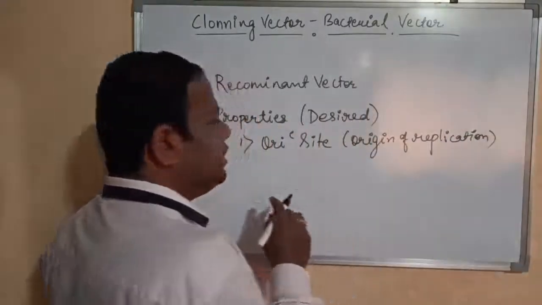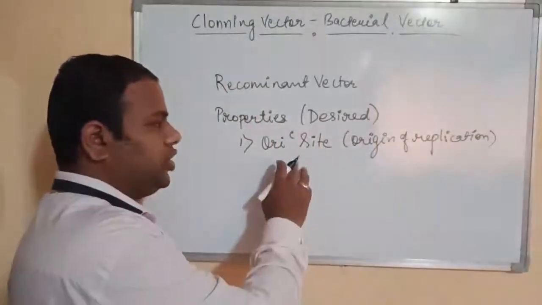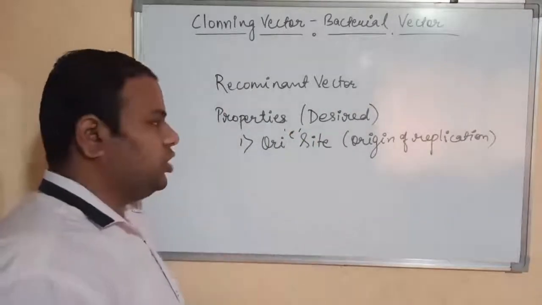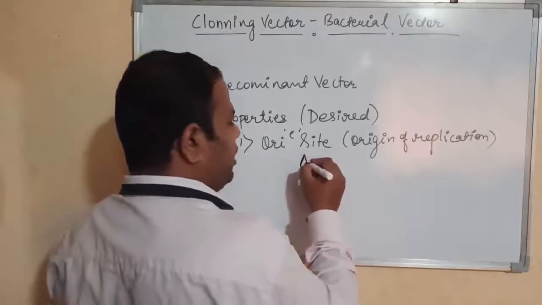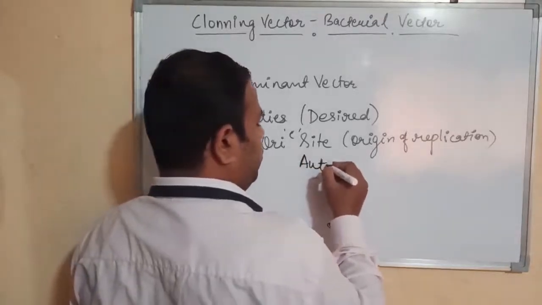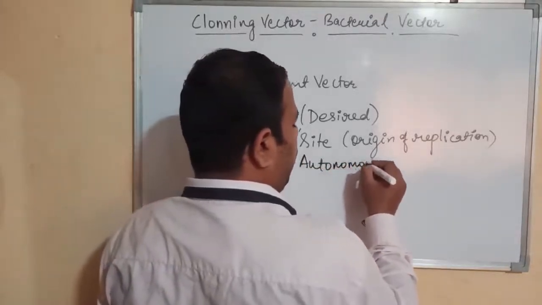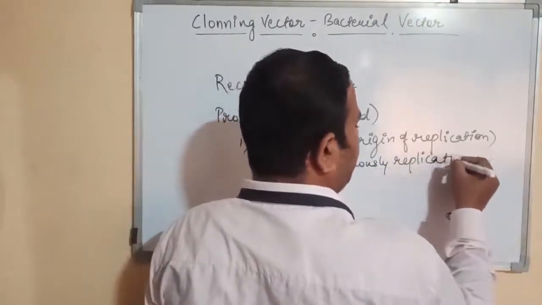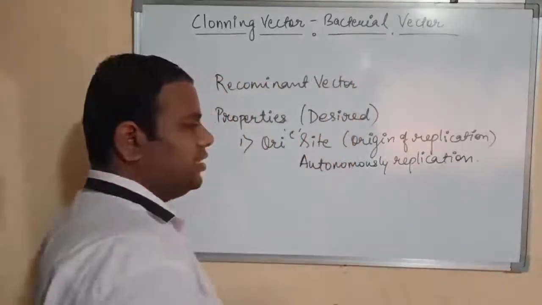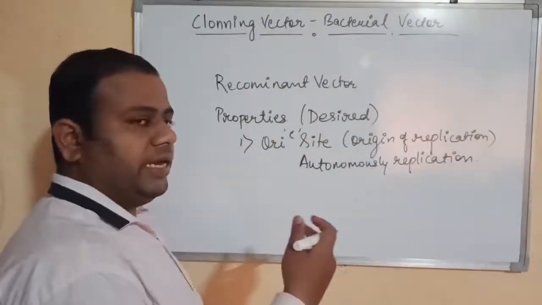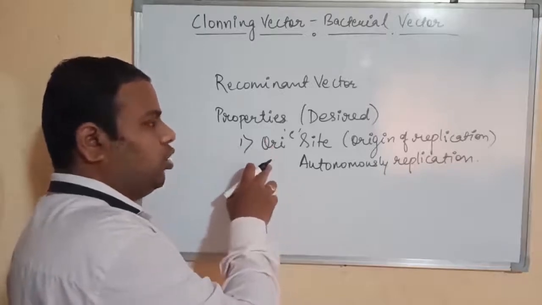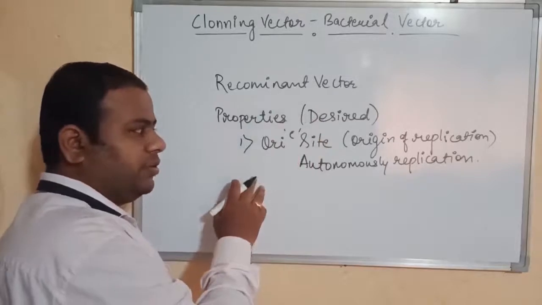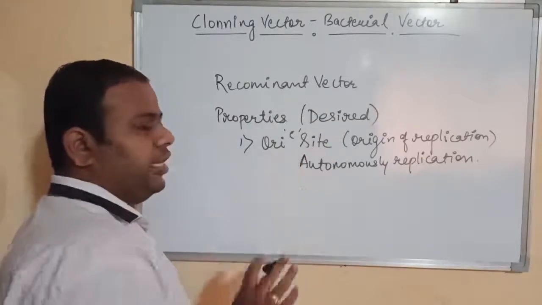That is, our vector must have an ORI site, origin of replication, using which it will get replicated in the host cell, and it should be autonomously replicating, irrespective of the chromosomal DNA. So as the chromosomal DNA is replicating itself, the plasmid DNA should also replicate itself, or the vector whichever we are using. In case of bacteria, it will be a plasmid. It should be able to replicate itself successfully.